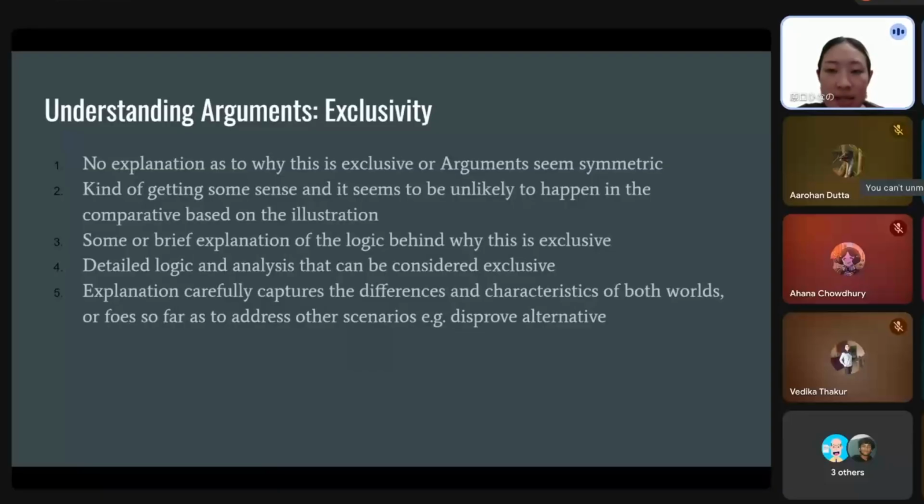The last thing is that the explanation carefully captures the difference and characteristics of both worlds, or goes so far as to address other scenarios, for example, disproving the alternatives.